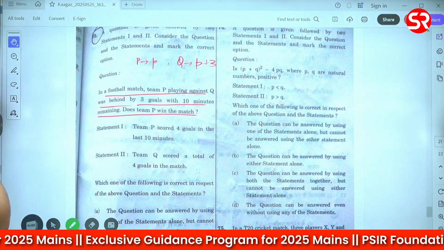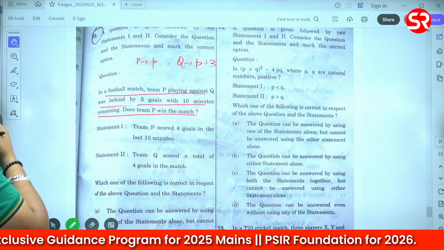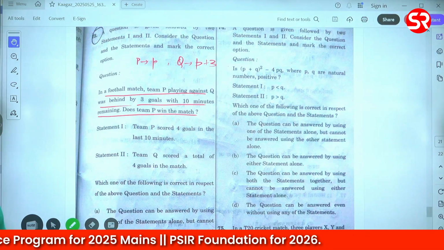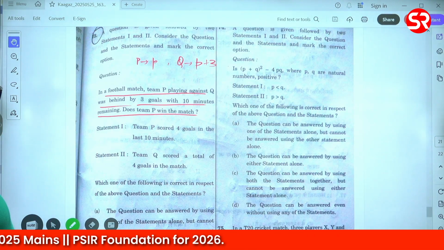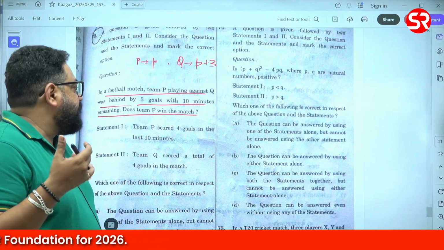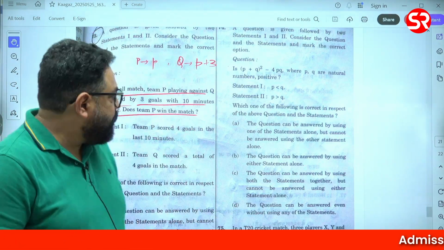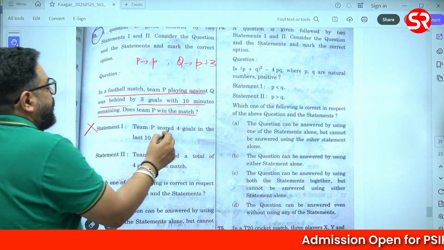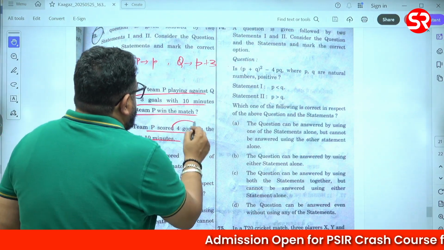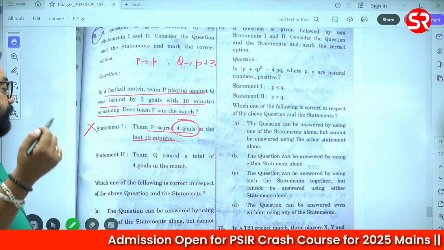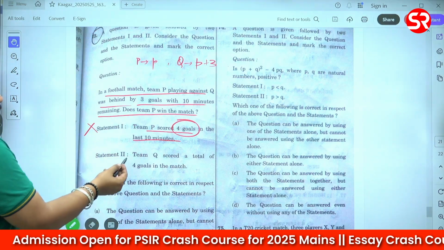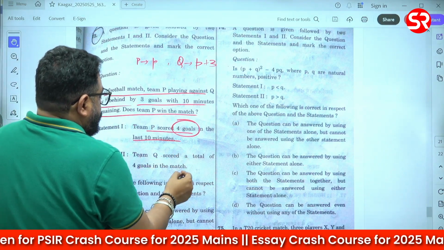First statement: team P scored 4 goals in the last 10 minutes. Now, is this telling you that P would win the match? No, this is not giving you, because last 10 minutes P ने 4 goals किए हैं, but we don't know about Q, right? And second, team Q scored a total of 4 goals in the match.